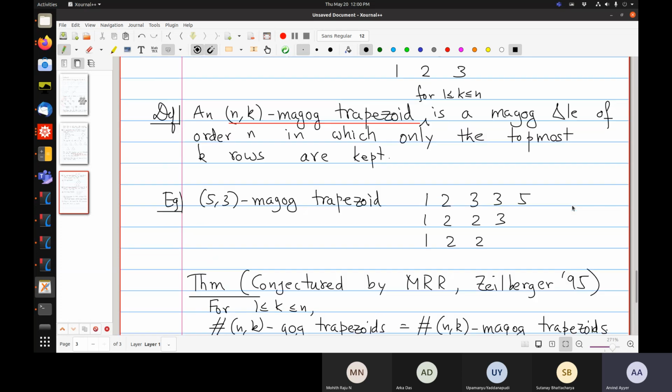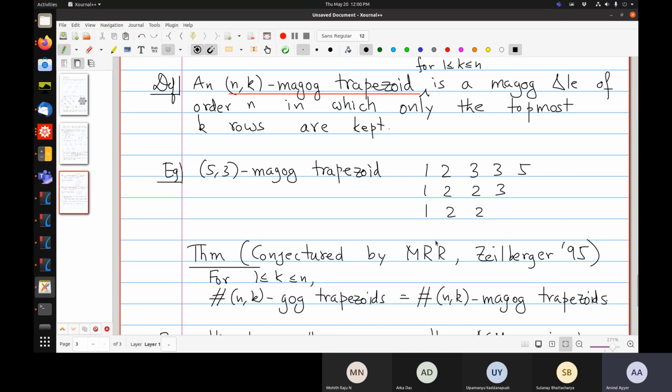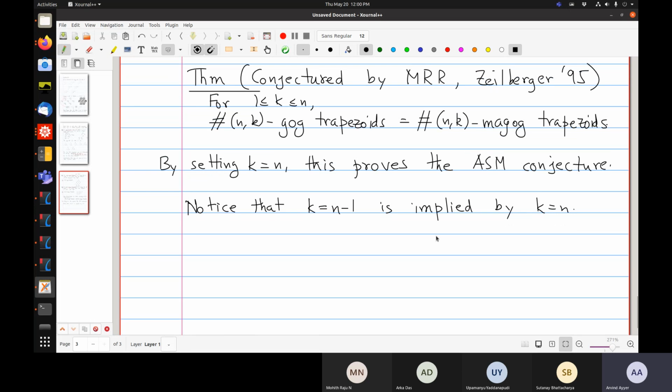If k equals n minus 1, you are only removing the last entry here, which was an n anyway, which was forced. And over here, you are only removing the last column, which contained a single 1, which was also forced. So it gives the same count also.